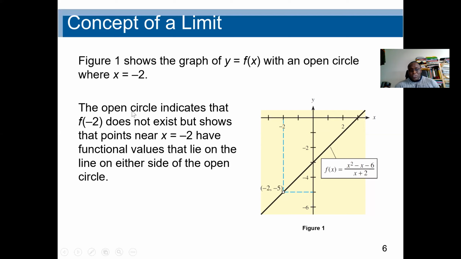So the open circle indicates that f(-2) does not exist. But it shows that the points near x equals -2 have functional values that lie on the line on either side of the open circle. What we're trying to say is that if I have x = -1.99999, yes, the function will exist.